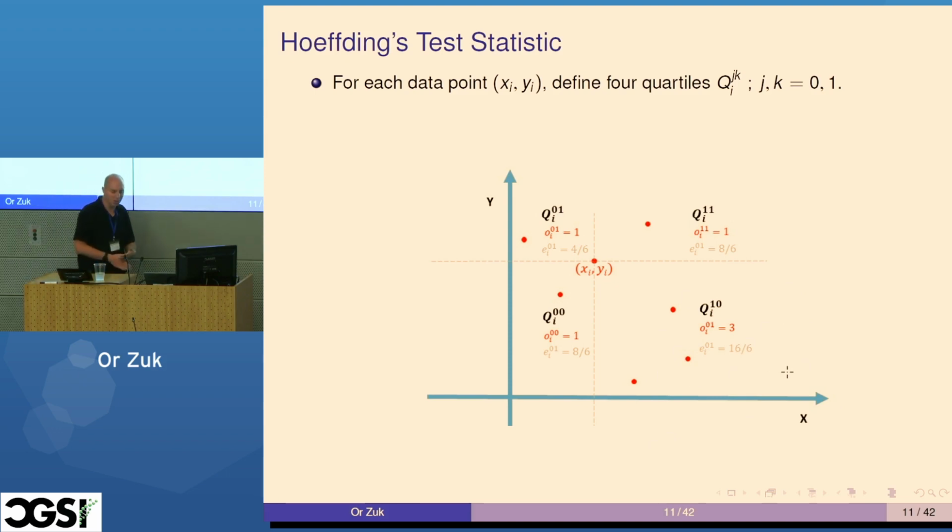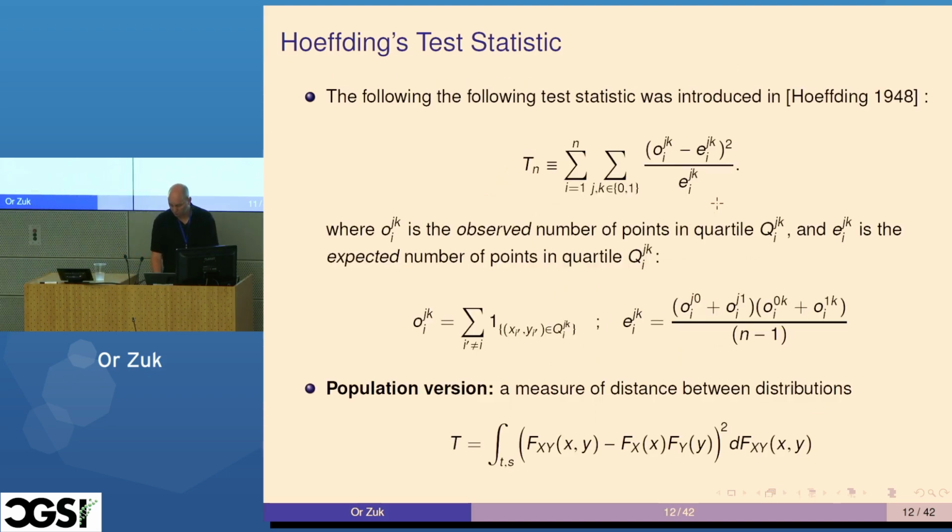What the statistic is doing is many such partitionings. Basically, we are going over all the data points, and for each data point, we partition again. We create another 2x2 table. And then we have n 2x2 tables and n test statistics. And our Hoeffding test statistic is summing all of them. So we have many 2x2 tables, and our statistic is summing over all of them.